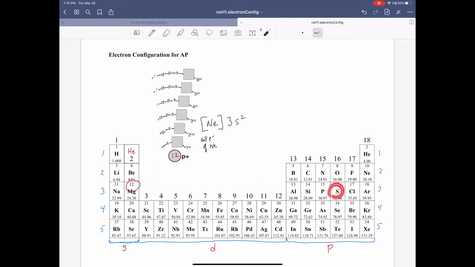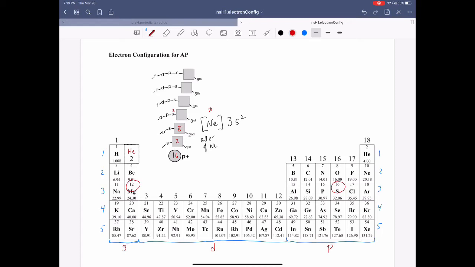Then we need to immediately proceed and move across the periodic table. Let's pick out sulfur, for instance. And so sulfur, with its 16 electrons, we've got 10 electrons accounted for here. So let's erase and put a 16 in here. So we've got 16 protons. We have 2 electrons in the first energy level, 8 in the second, and we already see a 3s2.